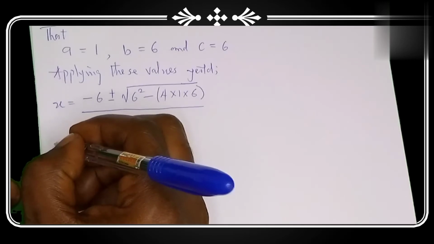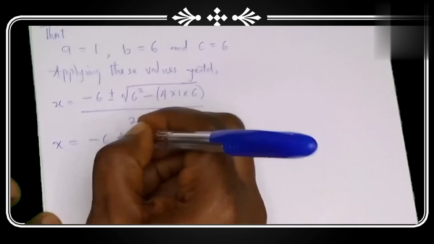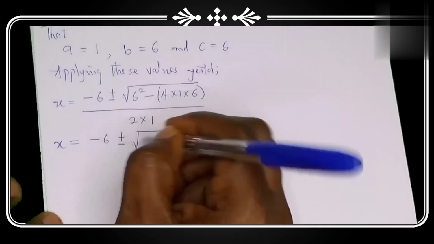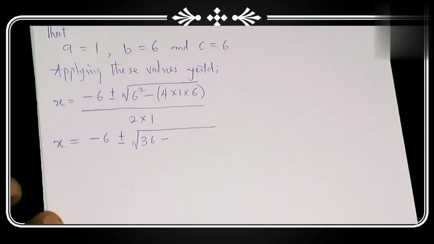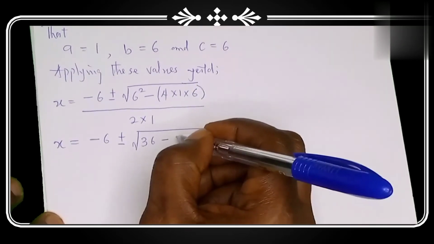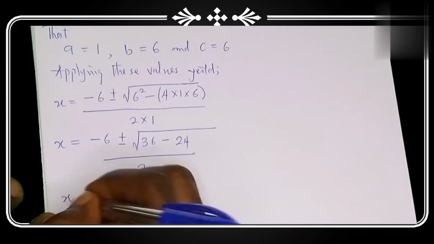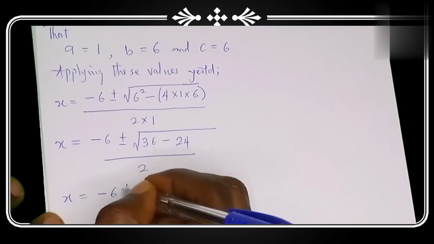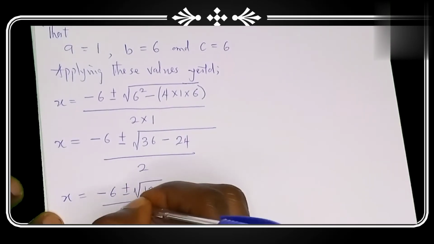We now go to x equals minus 6 plus or minus 36 minus 4 times 1, 4 times 6, 24, all over 2. Then we have x equals minus 6 plus or minus square root of 12, all over 2.